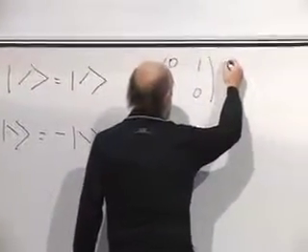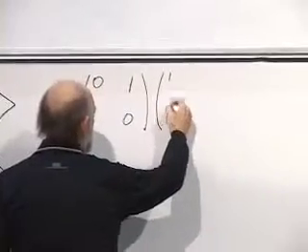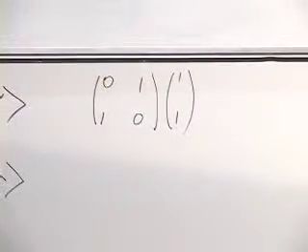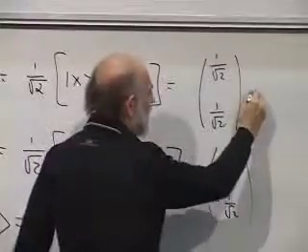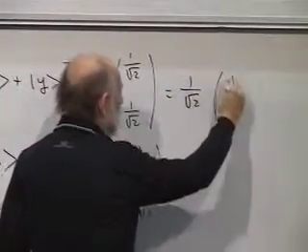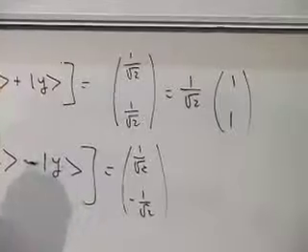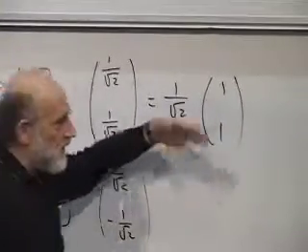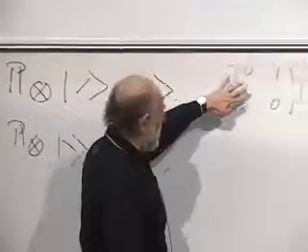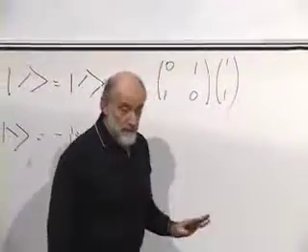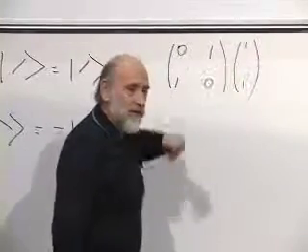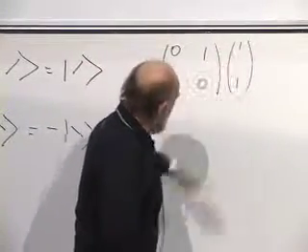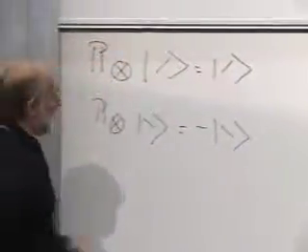Slash is just 1 over square root of 2 times (1, 1). If a thing is an eigenvector, so is any multiple of it. So we don't need to keep the square root of 2 in checking whether it's an eigenvector. We do need to keep it if we want to normalize it. But if all we want to do is check for eigenvectorness, we need not keep that square root of 2 in the problem.